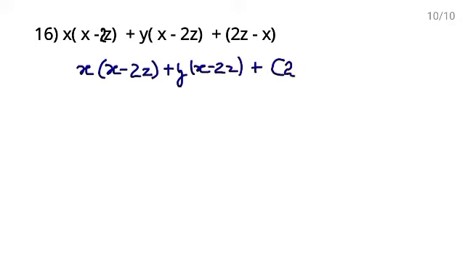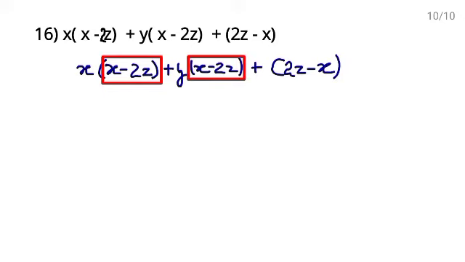plus (2z minus x). Students, these two binomial factors are almost same, but we have difference here. इसमें difference है, इसमें just क्या हो रहा है, साइन चेंज हो रहे हैं. यहाँ पर x प्लस का था, यहाँ पर x माइनस का है, यहाँ पर 2z माइनस का था, यहाँ पर 2z प्लस का है.